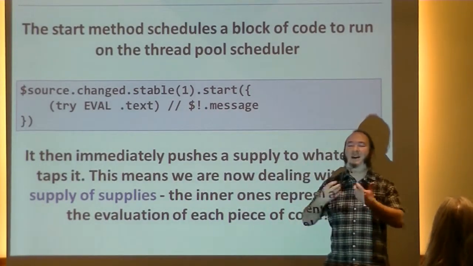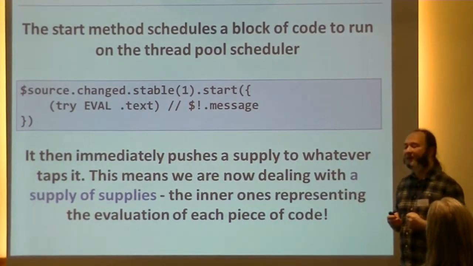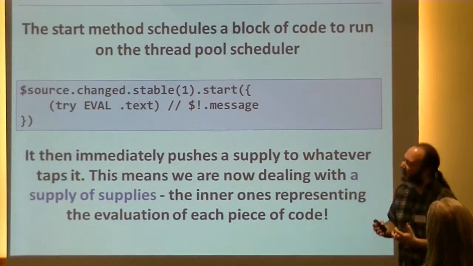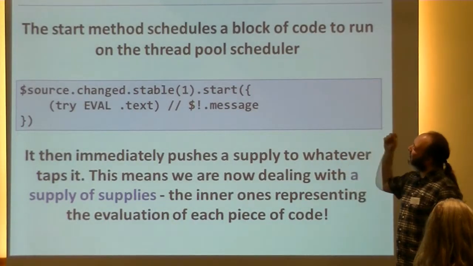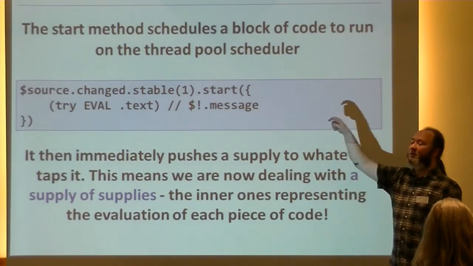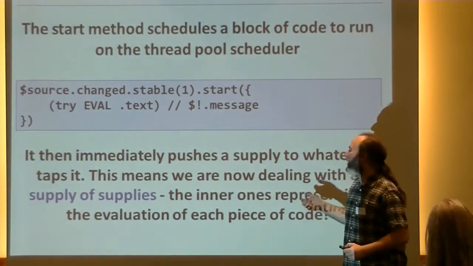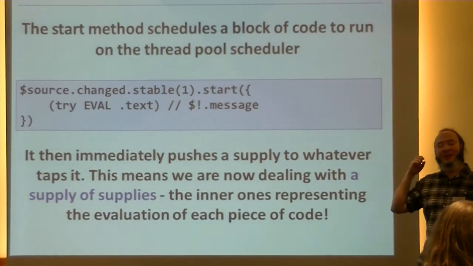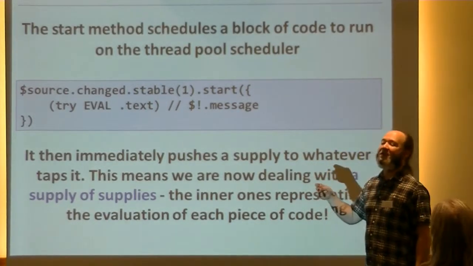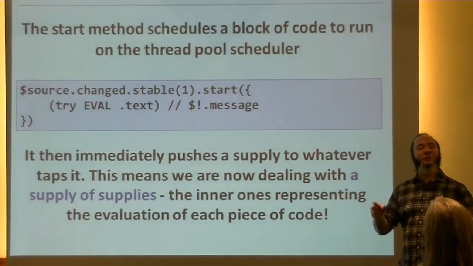Because it can't give me a value yet. What it actually gives me is a supply that later in the future will have the result of this bit of code pushed into it. If you think about it, that means I now have a supply of supplies. I have an asynchronously updated source of asynchronous data. That sounds kind of weird, but it shows up all over the place.